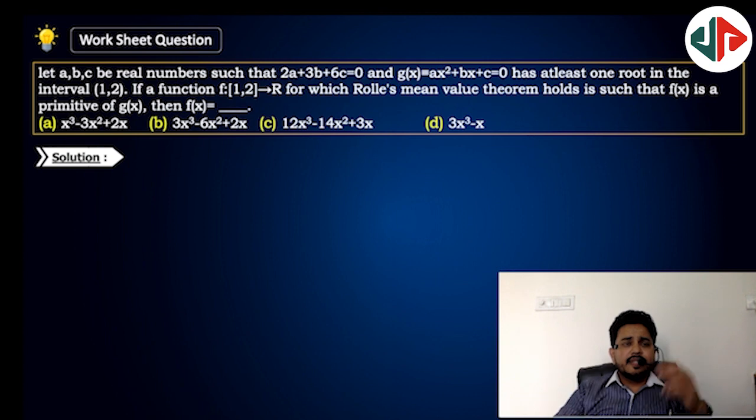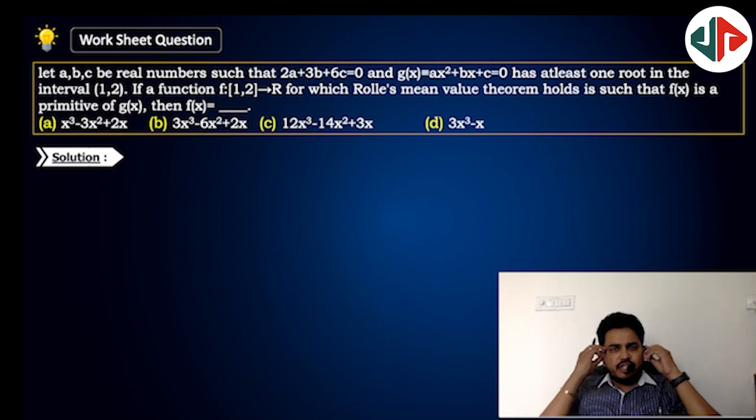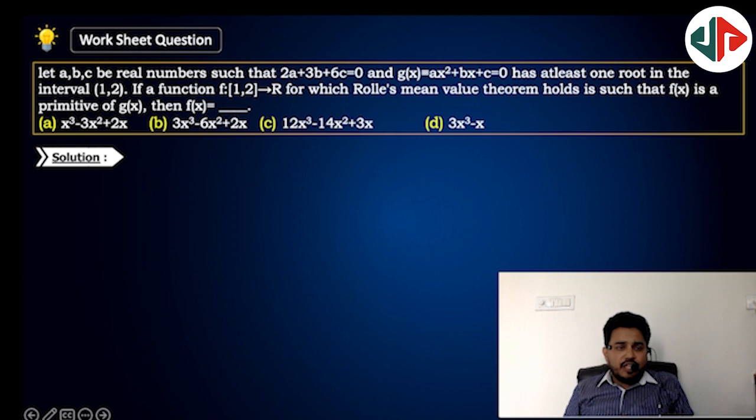If a, b, c are real numbers such that 2a plus 3b plus 6c is equal to 0, then g of x has at least one root in the interval 1 to 2. If the function f is defined from 1 to 2 to R, Rolle's mean value theorem holds such that f of x is the primitive of g of x. So the derivative of f of x is g of x.